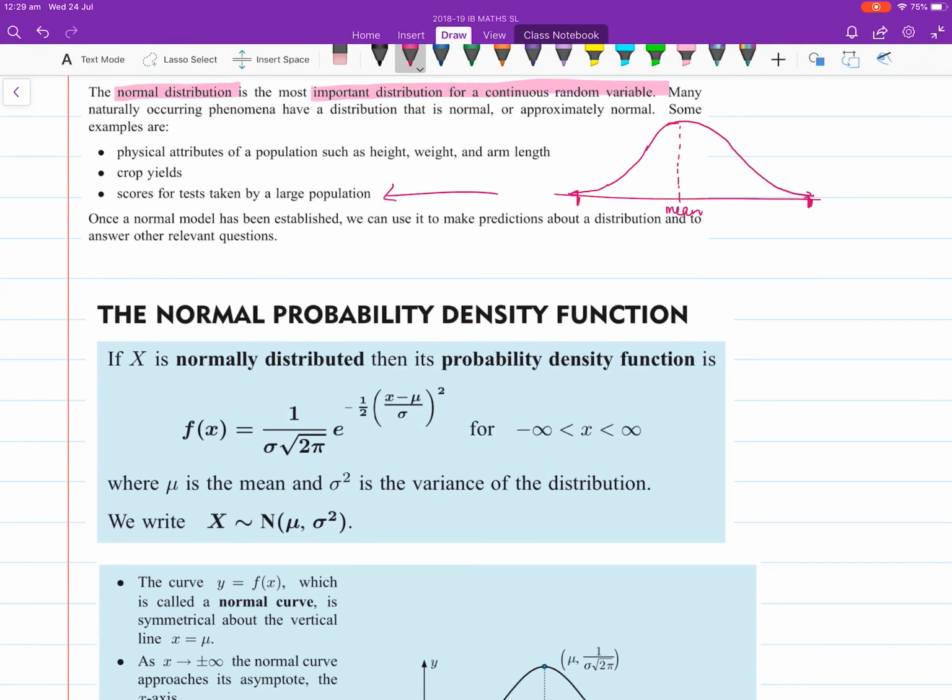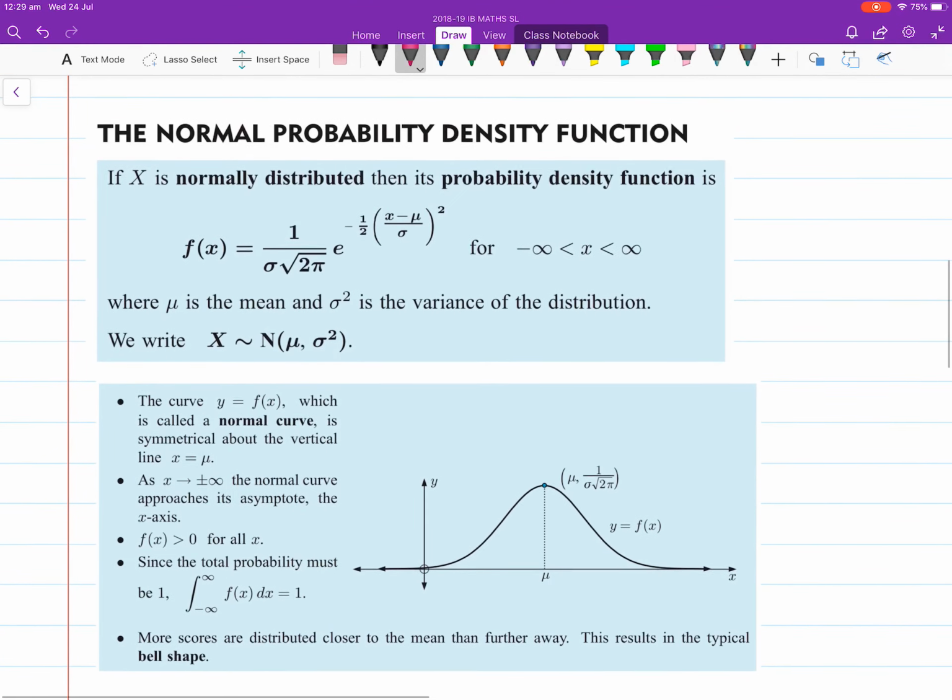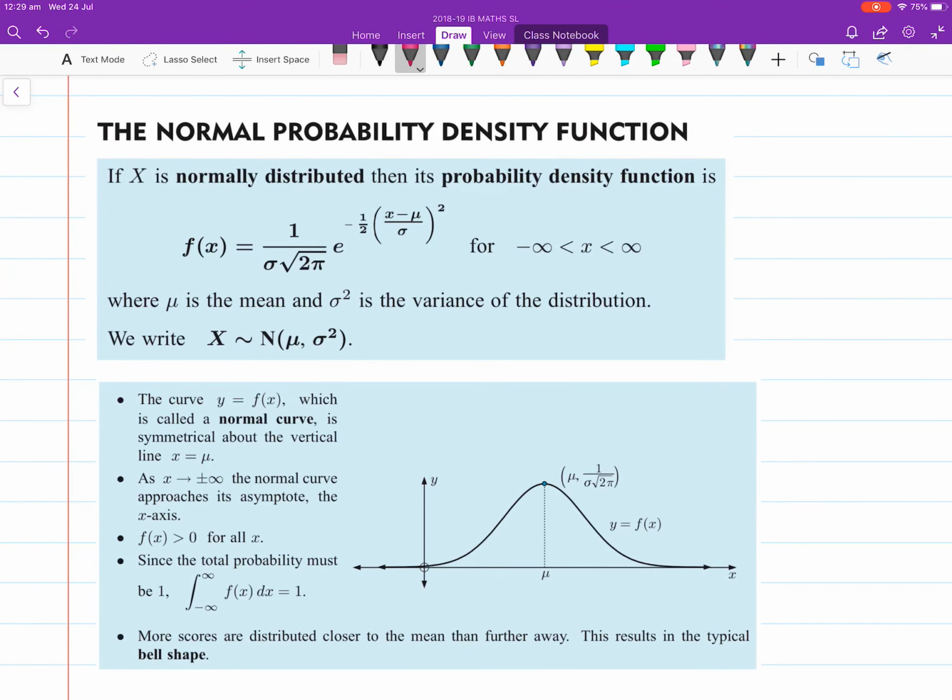Okay, let's have a look at the normal probability density function. So this is it here. This is the equation for the probability density function, which gives you this bell curve shape. Okay, so this is how we write it, right?